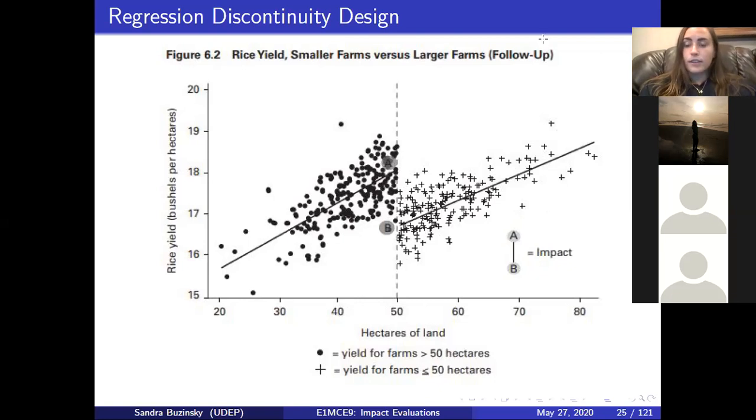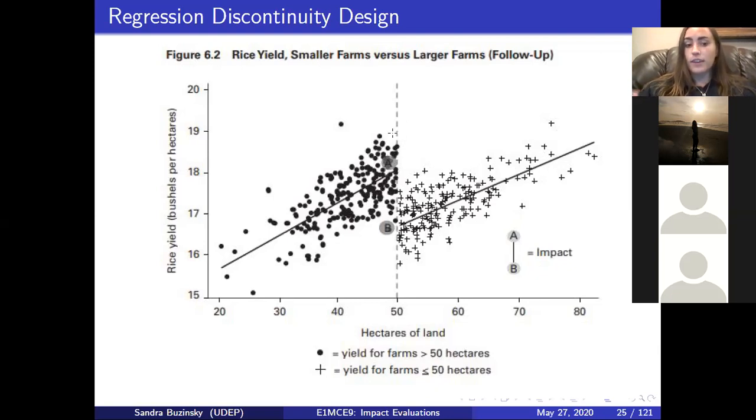Okay, so what about our inference now? To make inference, what am I saying? I'm saying that in terms of policy recommendations, for what population can we speak about? So we say we find this effect size A minus B. Can we say this is the average treatment effect for the whole population? This is a yes or no question.